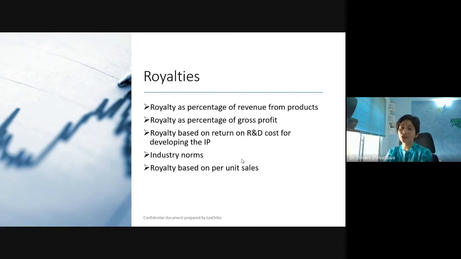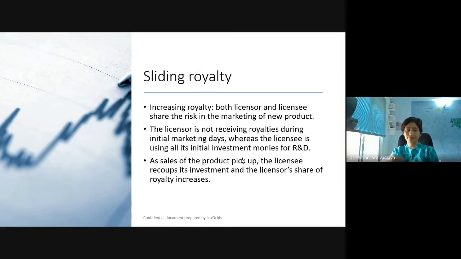He said, "I want you to pay me 1 cent for each can you would be selling." You can consider that after some years, his revenue was more than the revenue of both the companies, because that was a very important invention. That's why the royalty can depend on the per unit sales.